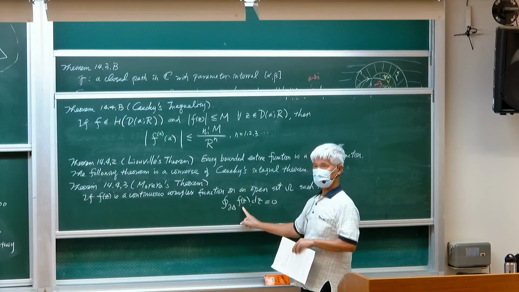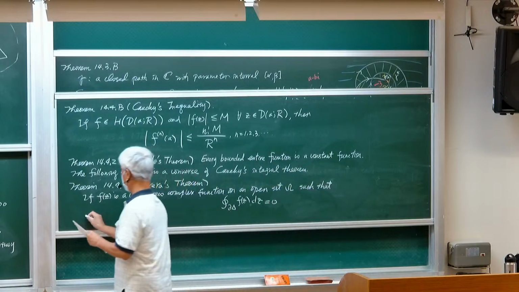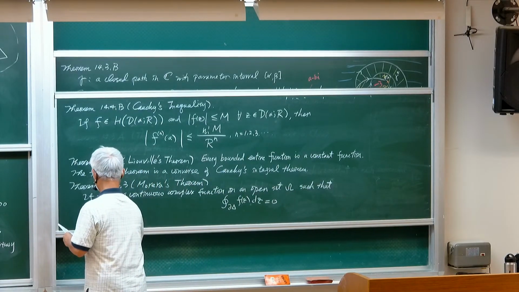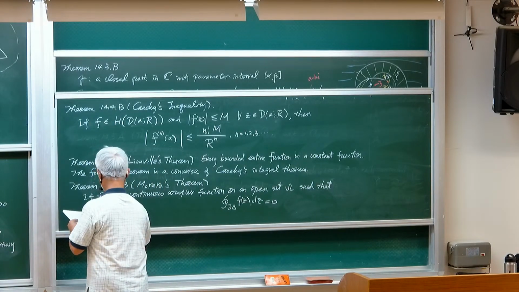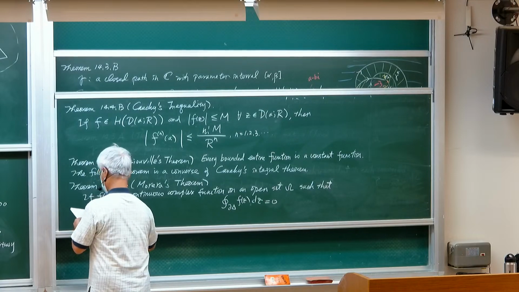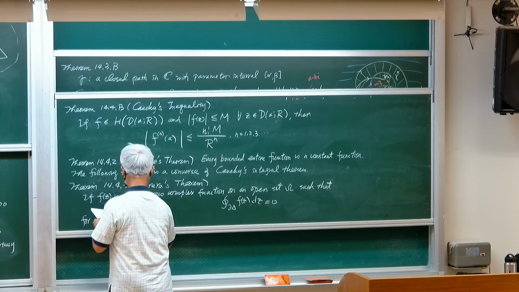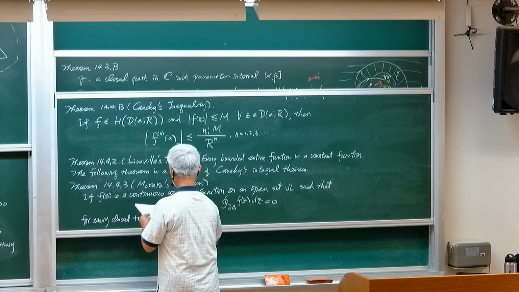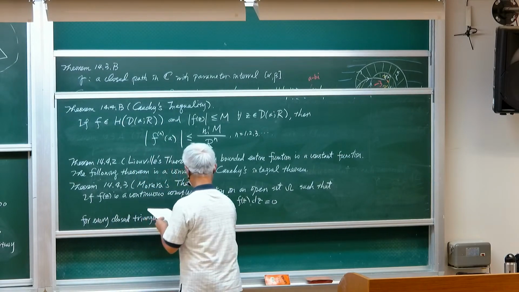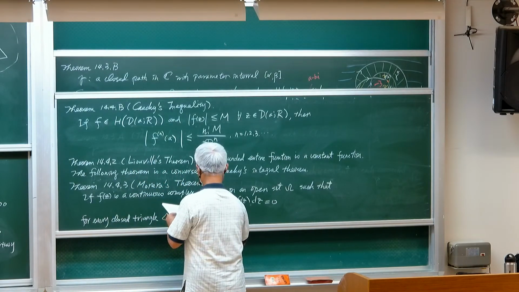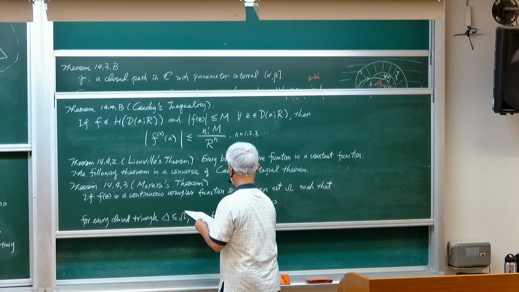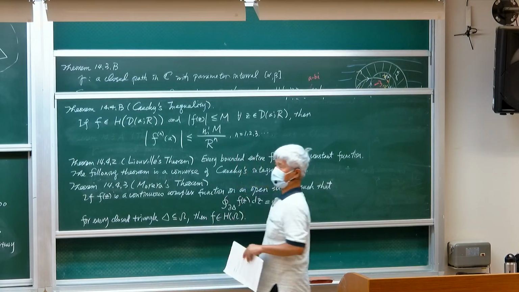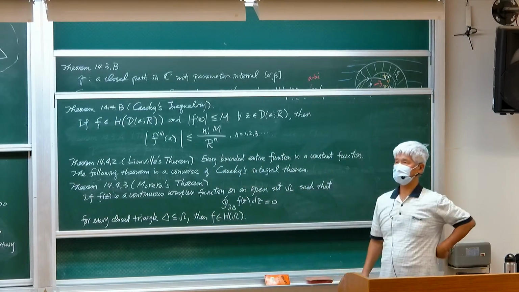So if this integral is 0 for every closed triangle delta contained in the open set, then this function must be holomorphic on omega. Okay.